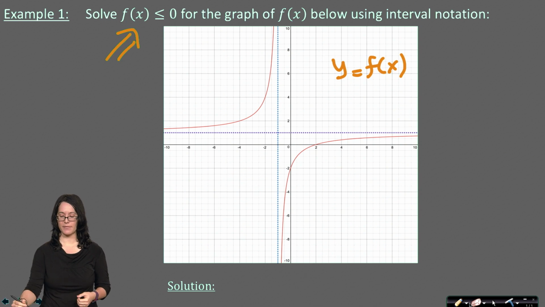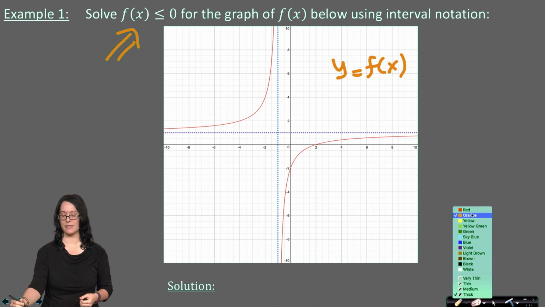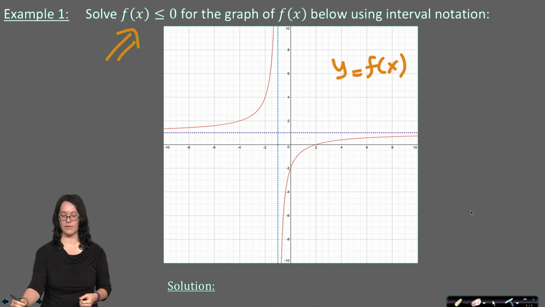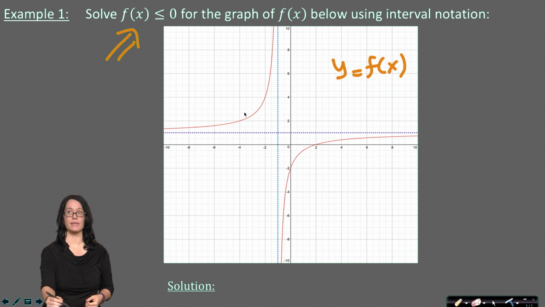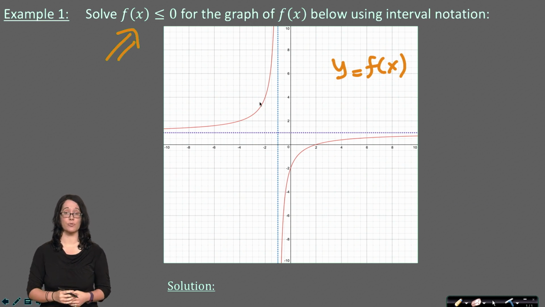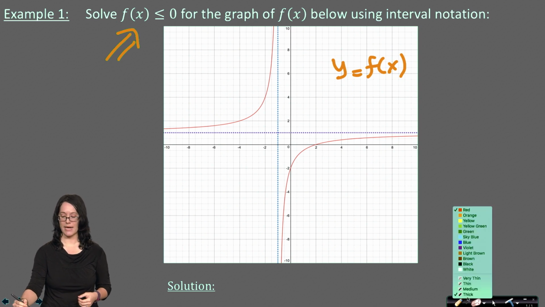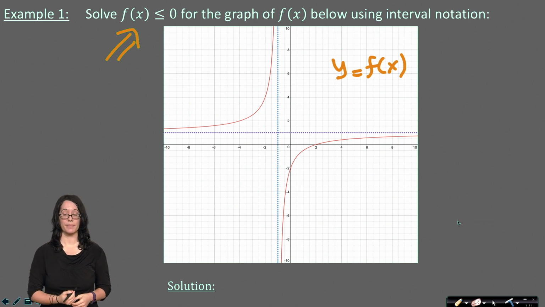Well, looking at the graph, can you tell where the graph is positive, where its outputs are above? Yeah, that would be up here, wouldn't it? In this piece, on the left in quadrant 2. However, to answer the question, when is the graph below the x-axis, where do you think it would be? Yeah, that's right. It would definitely be to the right of the asymptote, which happens at x equals negative 1.